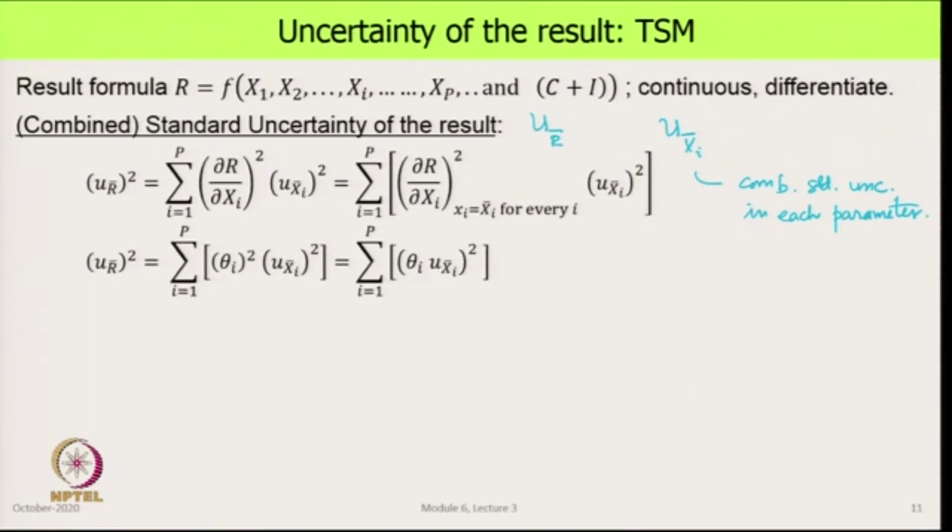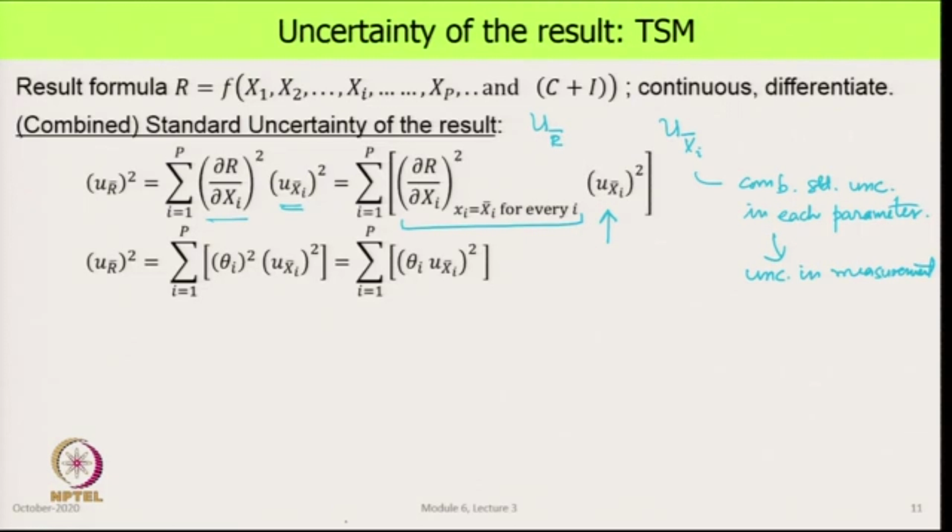And the formula is that u r bar square is summation of this square multiplied by this, which for calculation purposes this is purely a functional form. We evaluate the partial differential at the mean value, and this number also came from our earlier calculations, uncertainty of a measurement. So, we are building up on what we learnt in the previous module.